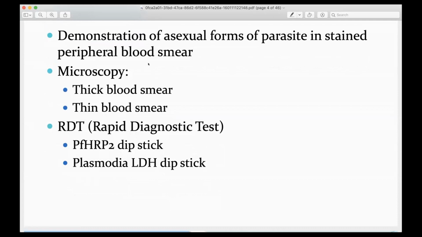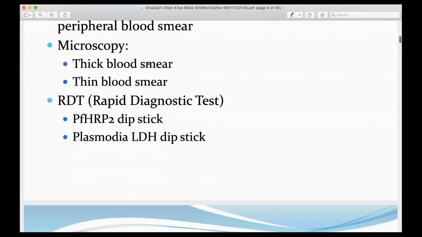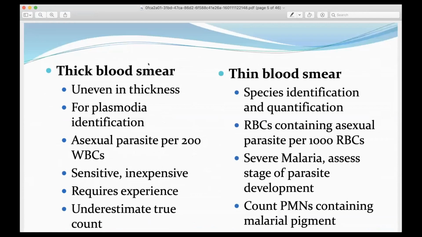The thick blood smear is for Plasmodium identification and asexual parasites per 200 WBCs.